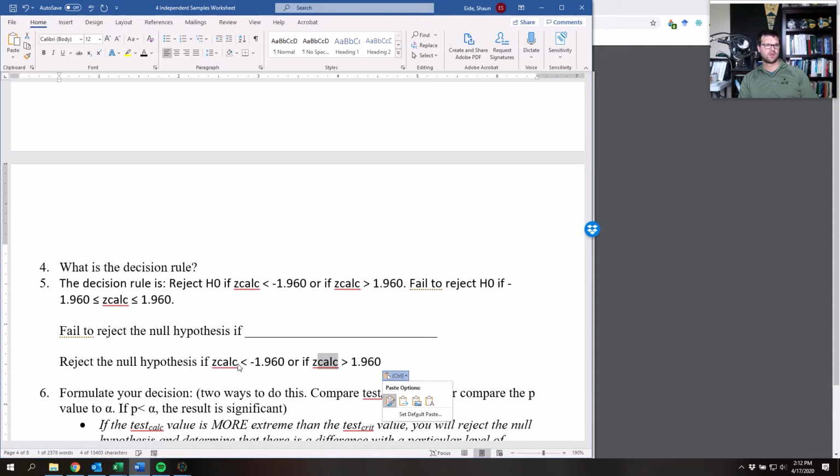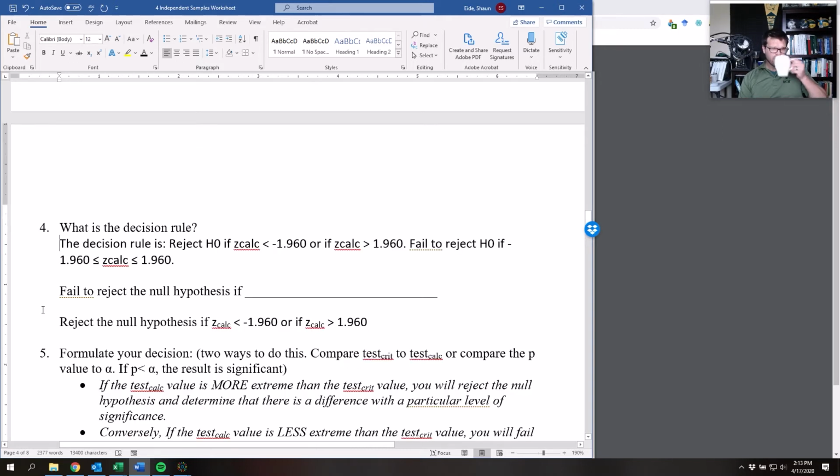And we need to make sure that we're using the right values. Basically, we're saying reject the null hypothesis if the calculated value of your z statistic is less than the critical value, which brings us to our question of what is the critical value?